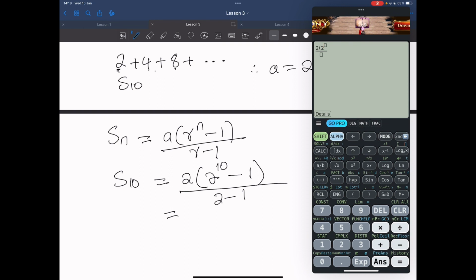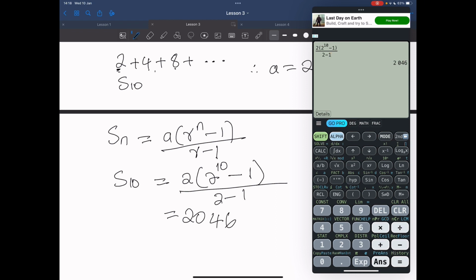So it's 2 to the power 10, and then we go this side so that we can have a minus 1. Then we close the bracket, and then we come down, so we have the 2 minus 1. So as we can see here, the answer is 2046. So that is how we use the Casio calculator to calculate the sum.